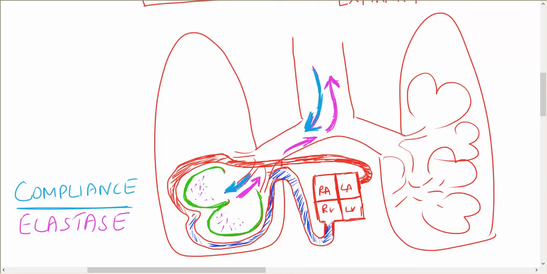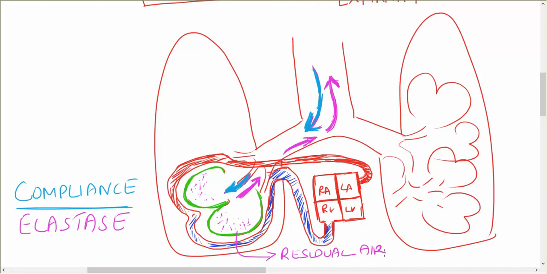This is called residual air, and this residual air is very important.